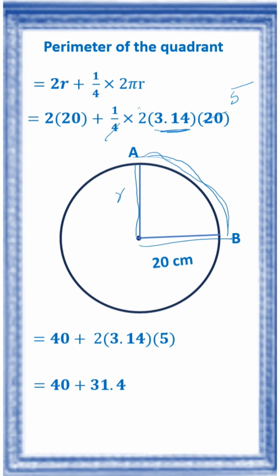What is that? 31.4. 40 plus 31.4 is equal to 71.4 centimeter. So perimeter of the quadrant is equal to 71.4 centimeter.